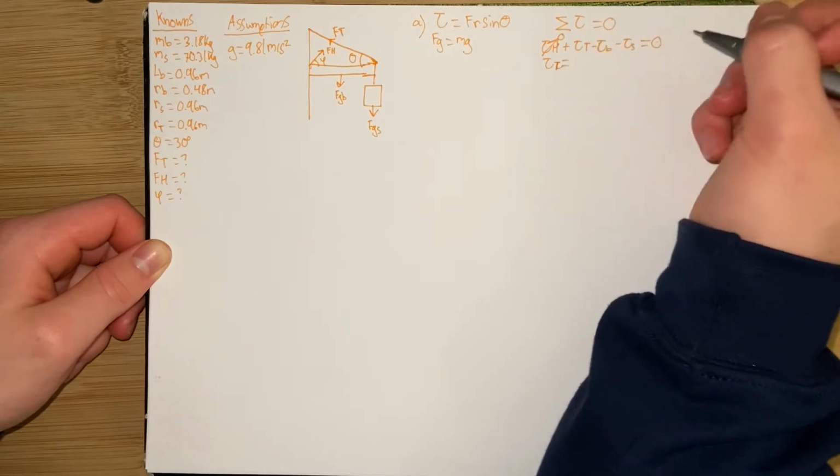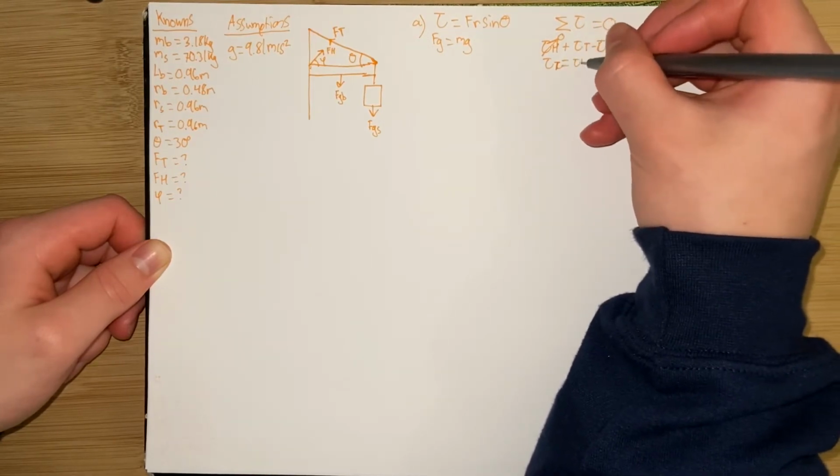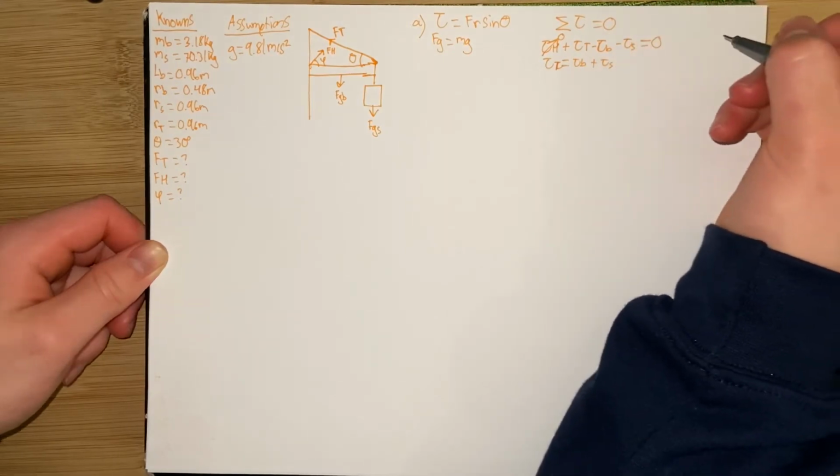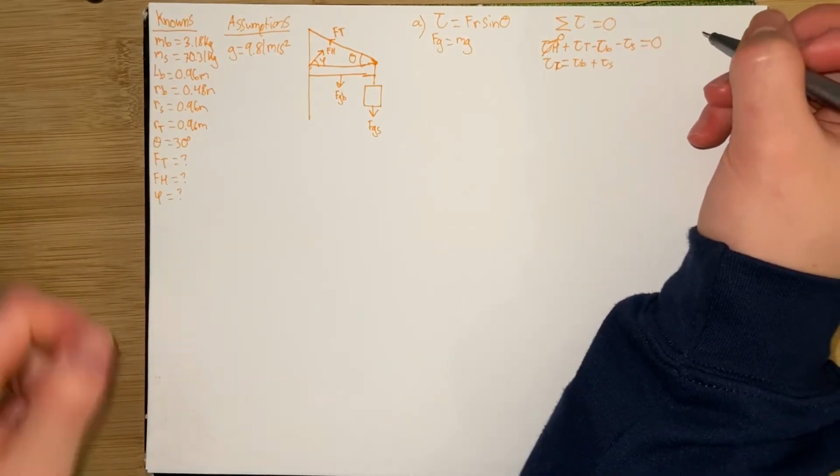Now we have the torque of the tension is equal to torque of the board plus torque of the sign. Now we can break that down into its components.